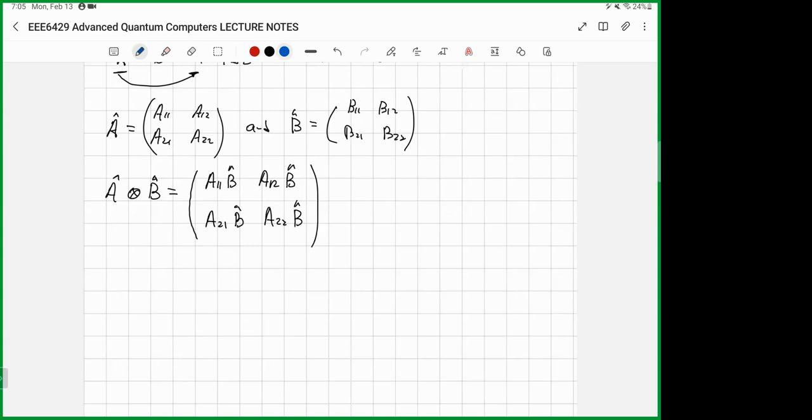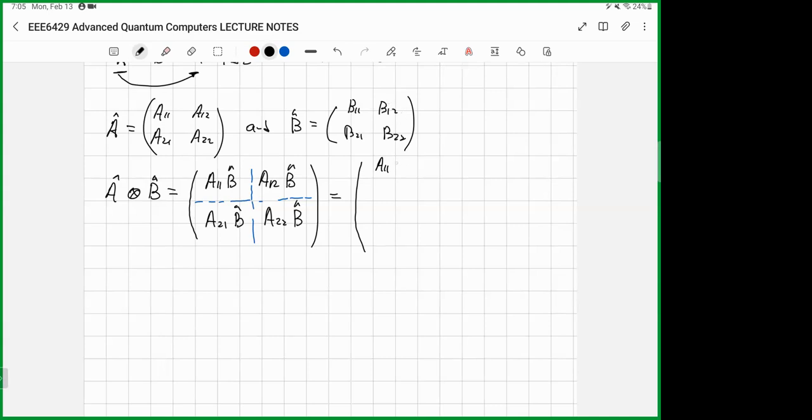So now this is a matrix of 4 submatrices, right? So I can divide it like this. Each element in this matrix is another 2 by 2 matrix. So I take the first element A11 and then B, which is B11, B12, B21, B22.